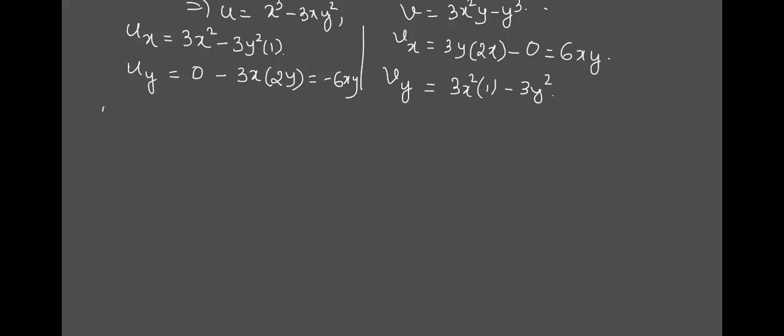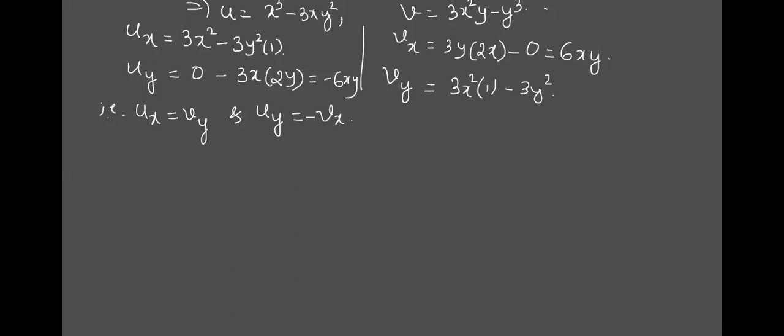So here, better you write those CR equations, and then we can check whether they are true or not. What are the CR equations? ux is equal to vy, and uy is equal to minus vx.